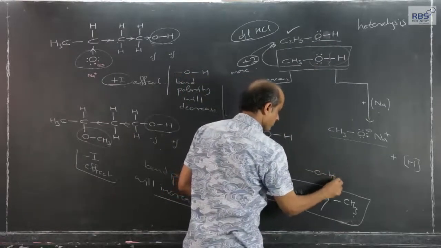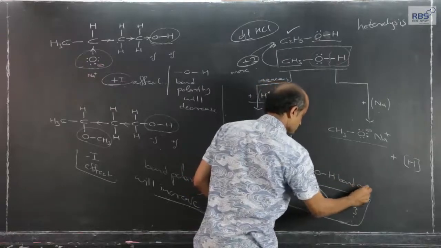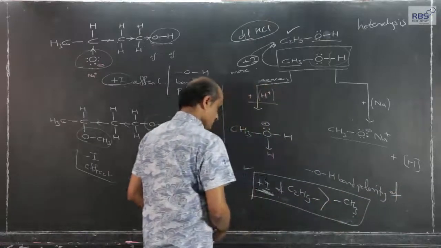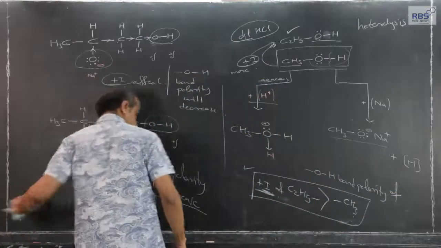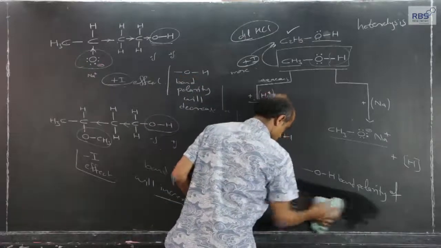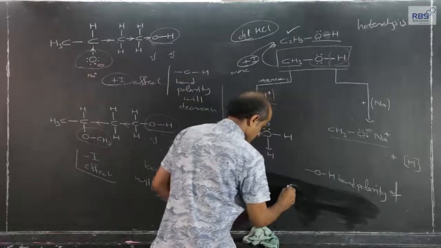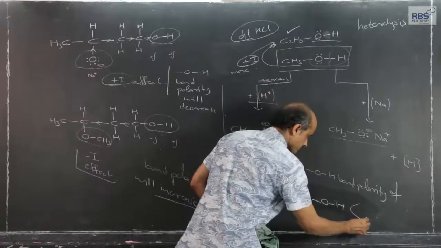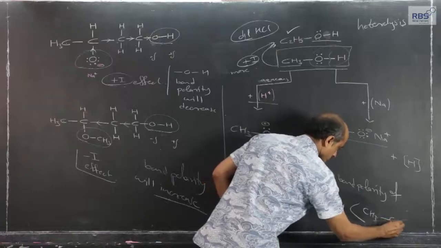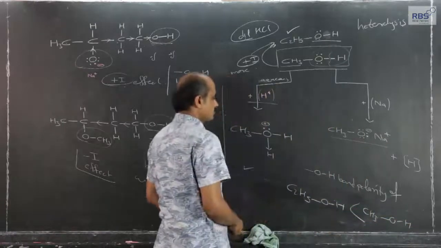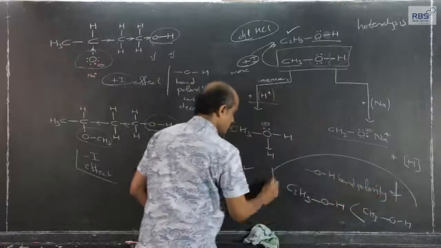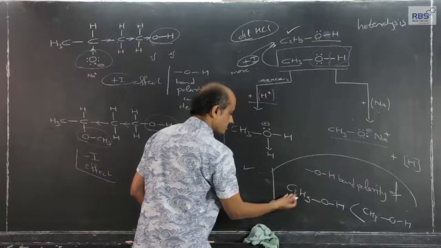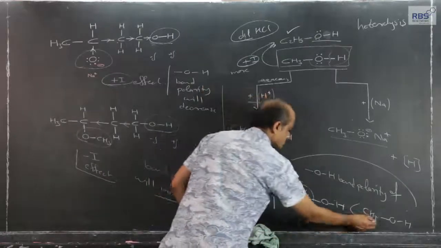OH bond polarity of ethyl alcohol will be less than methyl alcohol. So, how does this affect? This is because the plus I effect of this group is more, as I have told you.